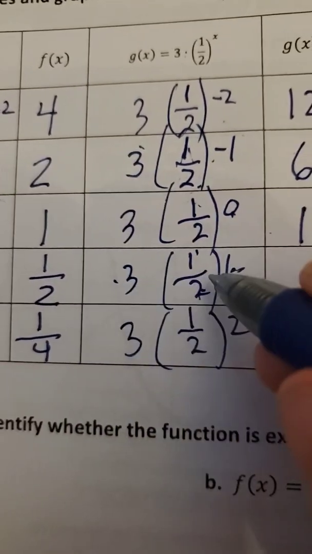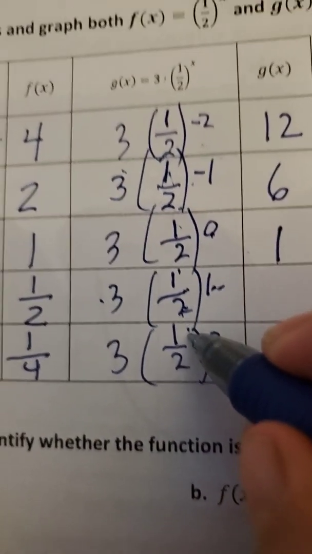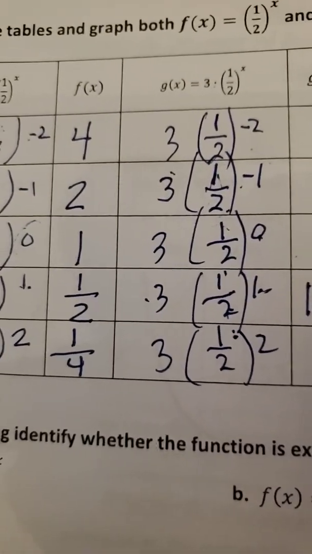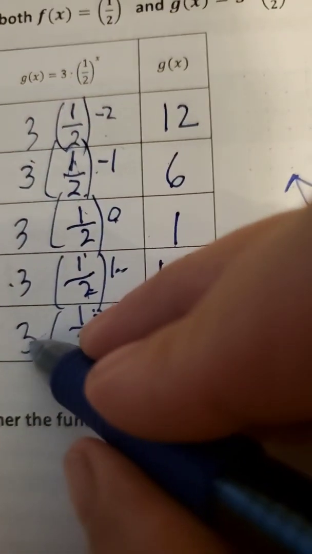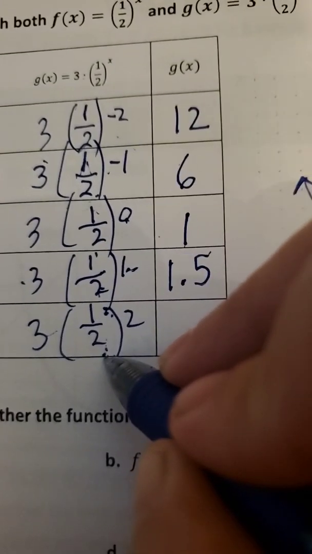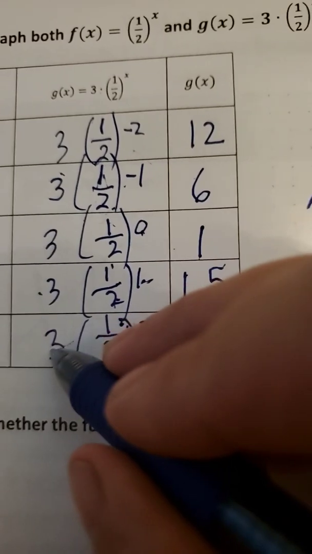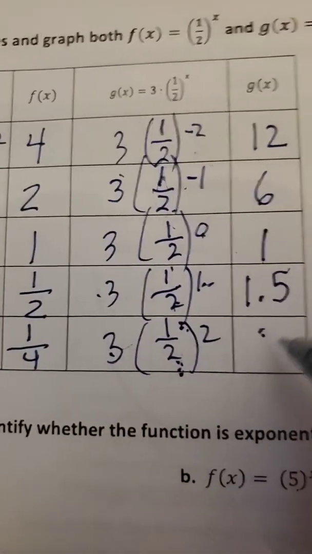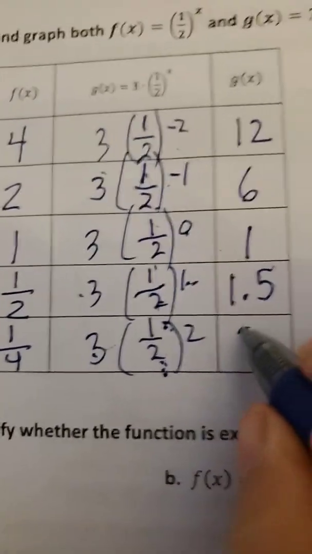So what's 3 times 1/2? Half of that is just 1.5. And then 1/4 times 3 is going to give you 3/4.